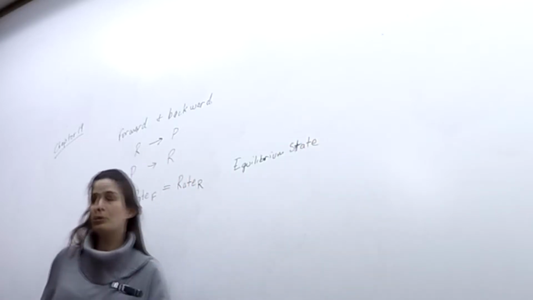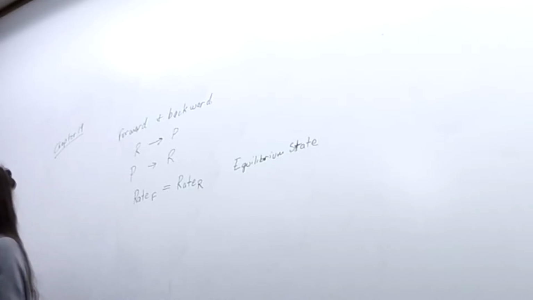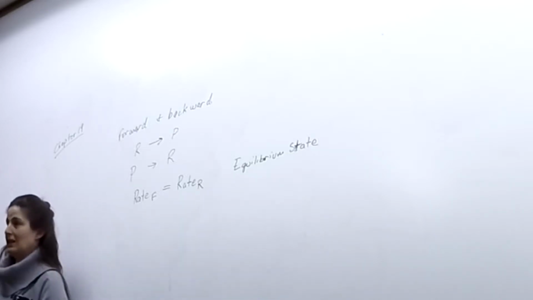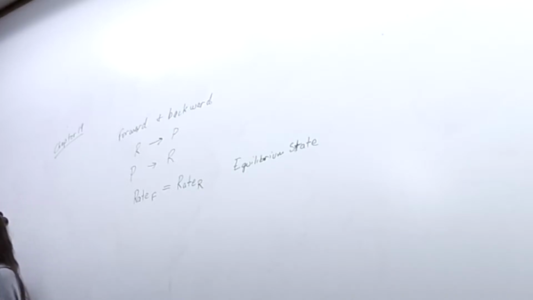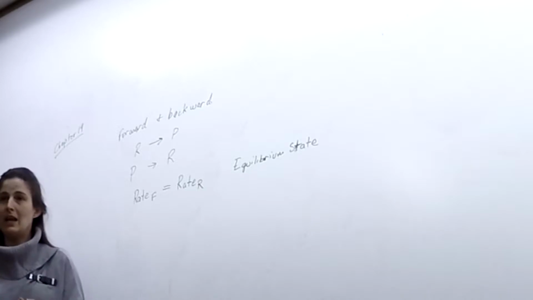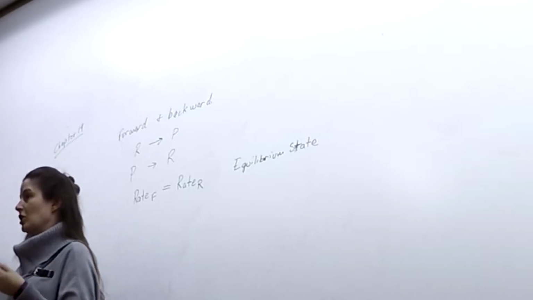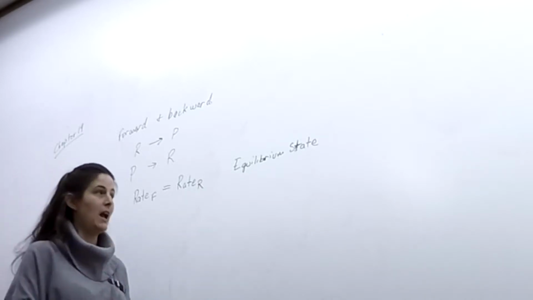This is where up till now in a lab you would say, my reaction's finished. It's gone to completion. No, it has gone to equilibrium. At this state, you will not see a change in the concentration of your products or your reactants.